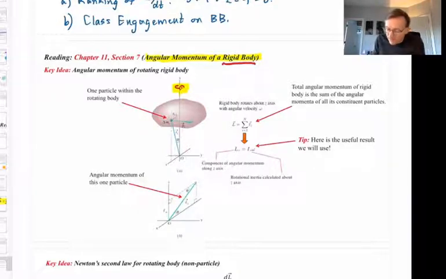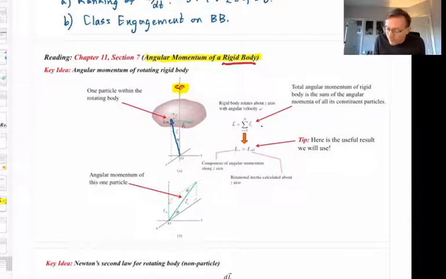Well, what we do is we imagine breaking up the body into a whole bunch of little particles. There's one of those particles right there, and the arrow points to it. It's got some mass, delta m_i. It's got some position vector from point O, way down there at the origin, r_i. And it's rotating, and this particle is moving itself in a little circle about the z-axis.